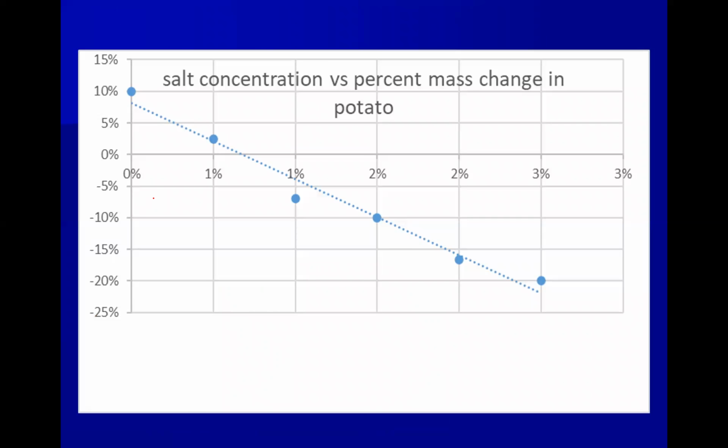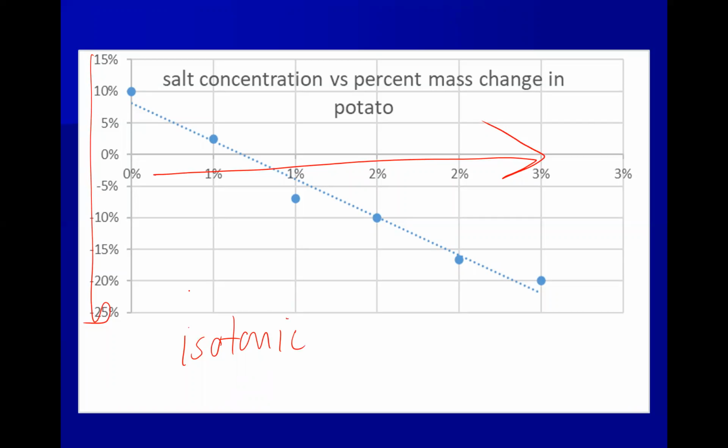We can actually pinpoint the isotonic value. So this is a graph of pieces of potatoes placed in different solute concentrations. The x-axis is the solute concentration running this way, and the y-axis is the change in mass. If the isotonic point is where there is no net movement of water, that means the potato won't change mass.